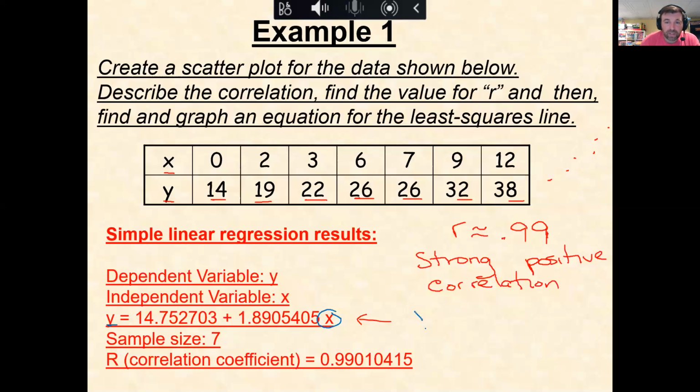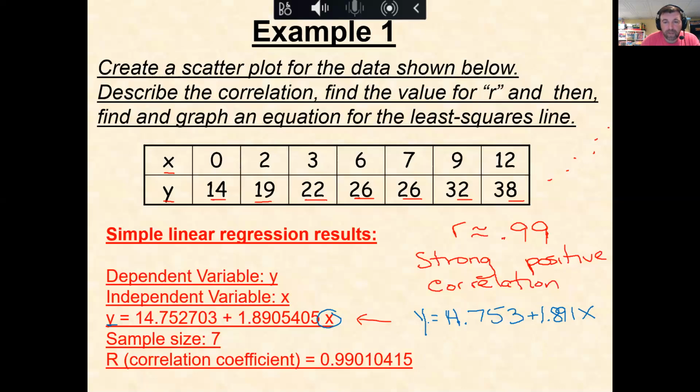You have to write the exact equation. So that's 14.753, if I round off to 3 decimal places, plus 1.891x, if I round off to 3 decimal places. That's the equation I have.